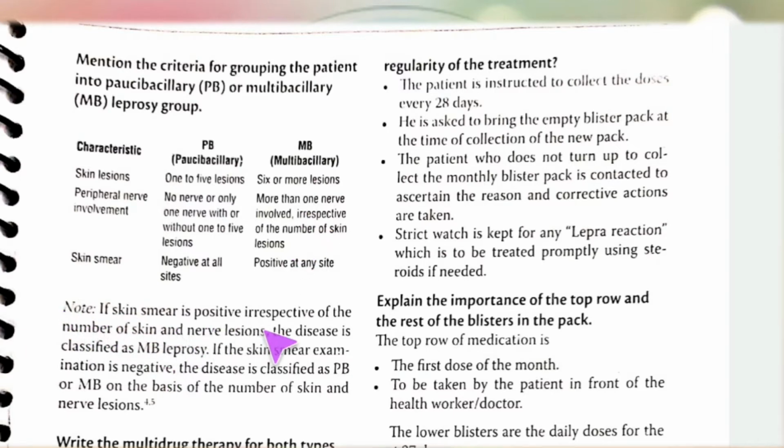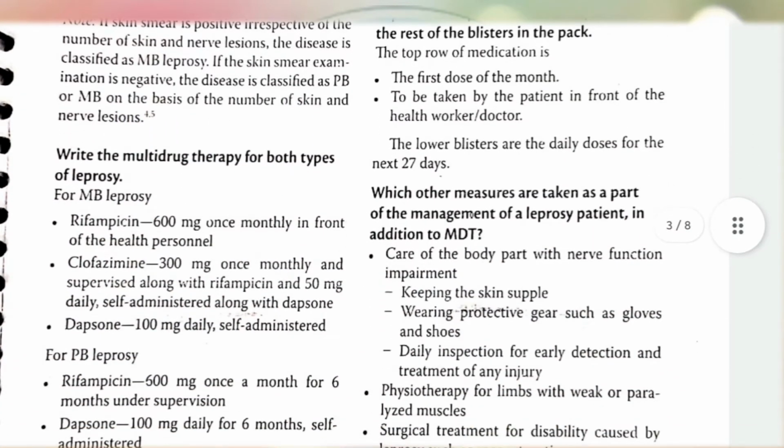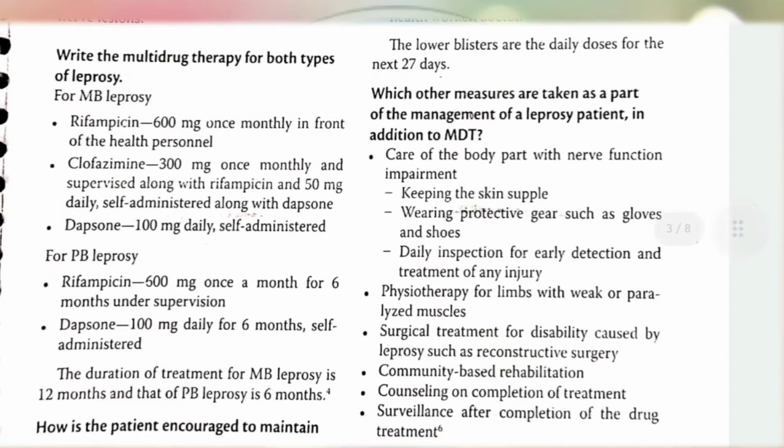Now what is the note given? If the skin smear is positive, irrespective of the number of skin and nerve lesions, the disease is classified as multibacillary leprosy. If the skin smear examination is negative, the disease is classified as paucibacillary or multibacillary on the basis of number of skin and nerve lesions. Now write the multi-drug therapy for both types of leprosy.